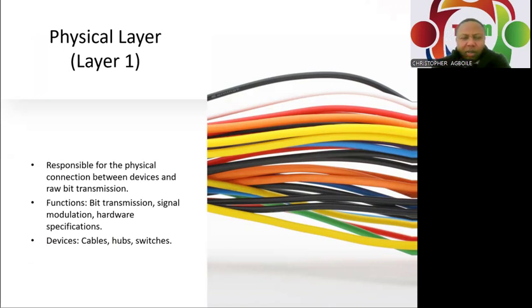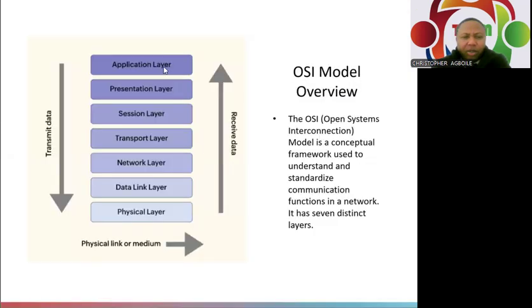From the diagram here, we talk about the physical layer starting from this layer 1. This is how the OSI model is, starting from the bottom: layer 1, layer 2, layer 3, layer 4, layer 5, layer 6, to the application layer.